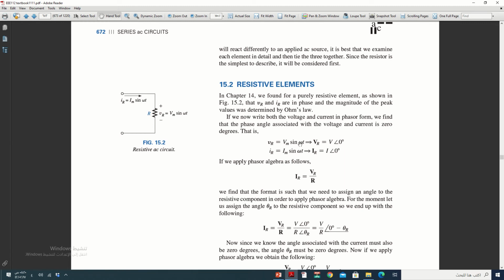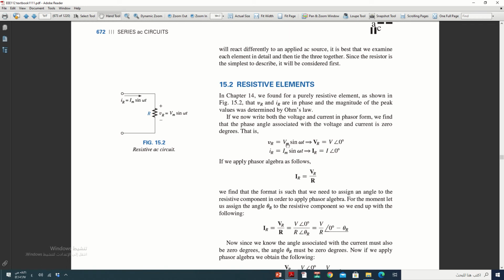We see here all the voltage and current in the resistor start from the same angle, zero angle. If there is a shift for the voltage, for example 20 or minus 20 or 30, it will be applied here. Now in this chapter we'll try to write another form, not only the sinusoidal expression.